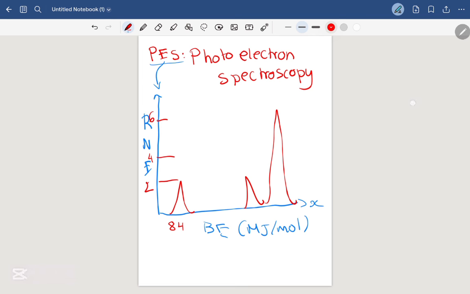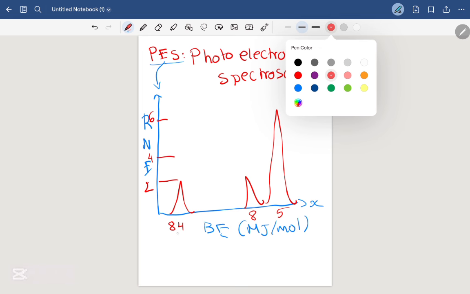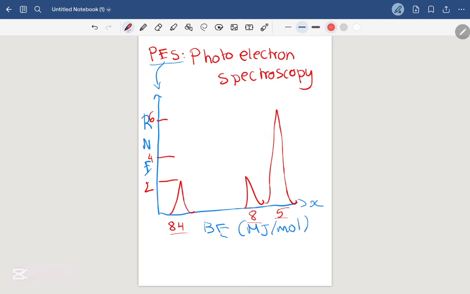What do these values 84, 8 and 5 represent? Very simply, they represent the binding energy required to overcome the attractive forces. That means from this over here, which for now we will say is the last energy level, it's the easiest. It requires the least energy to remove the electron from the last energy level.